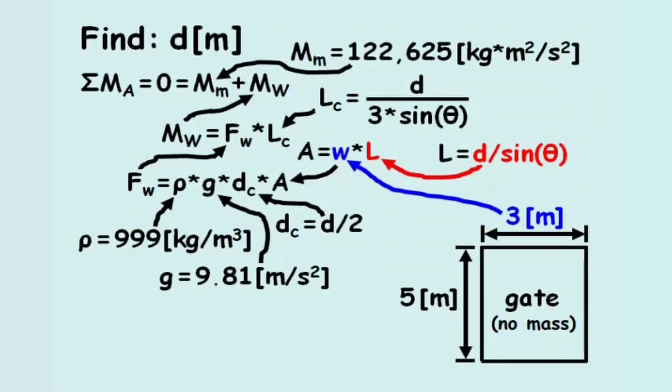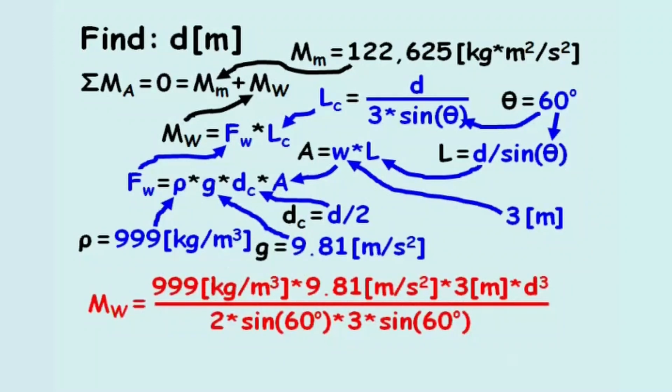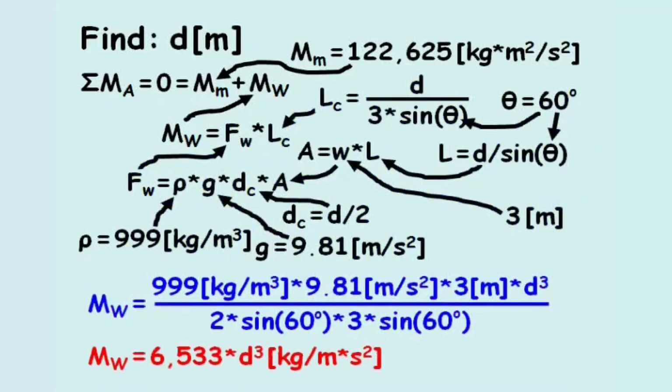And the problem statement provides theta equals 60 degrees. Now, with all these variables, we'll write out a revised equation for the moment caused by the hydrostatic force of the water, Mw, which equals 6,533 d cubed kilogram per meter second squared.